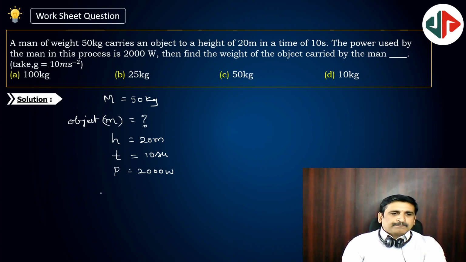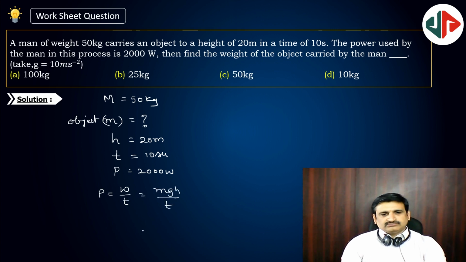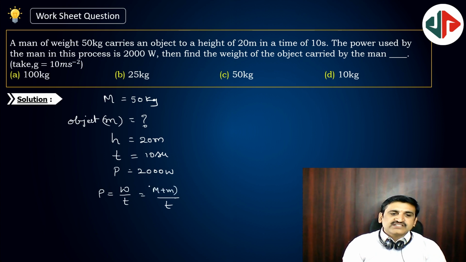Power is equal to rate of doing work, nothing but mgh by t. But here, if I'm trying to carry some load to certain height, I have to carry my weight also, right? So I have to consider M plus m into gh. So M is 50 plus m I don't know, and g value 10 and h value 20 by time 10.